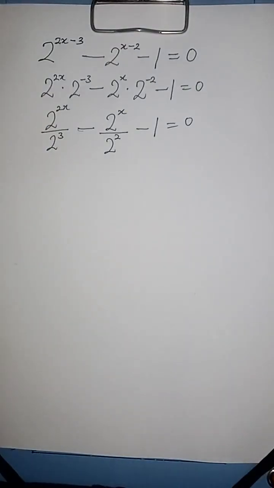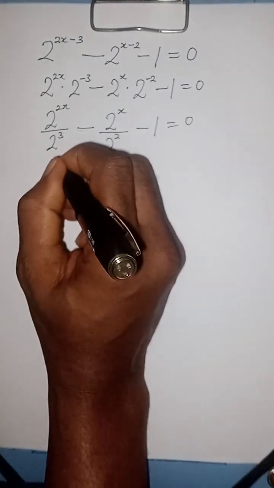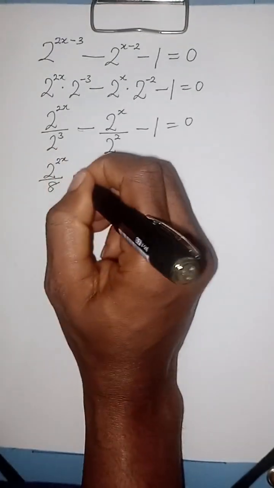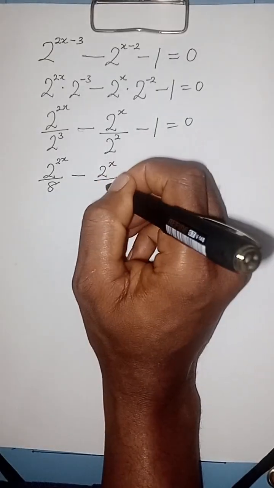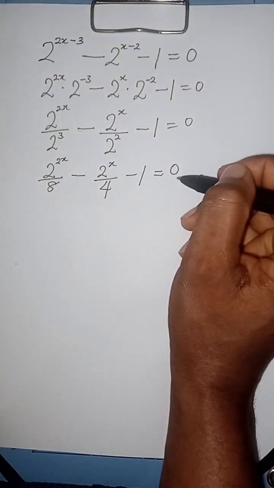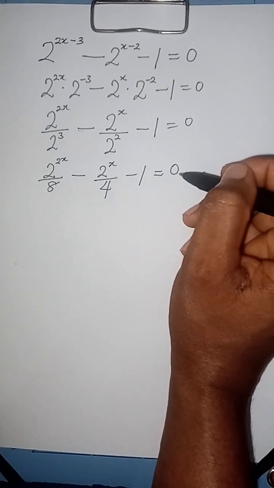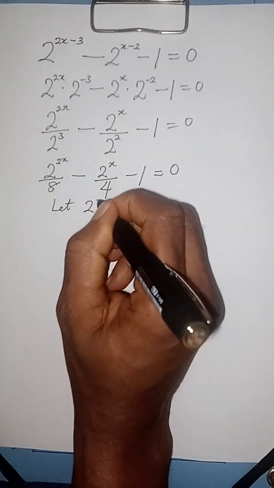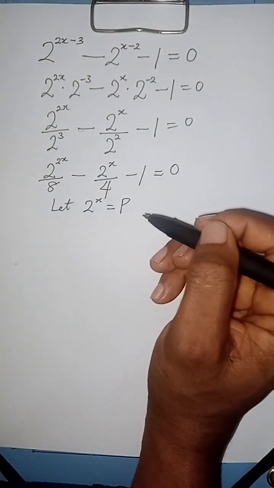So at this point, we simplify further to be 2 raised to the power 2x. 2 raised to the power 3 is 8, minus 2 raised to the power x. 2 raised to the power 2 is 4, minus 1 equal to 0. So at this point, we can represent 2 raised to the power x to be any letter of our choice, but I decide to use p.